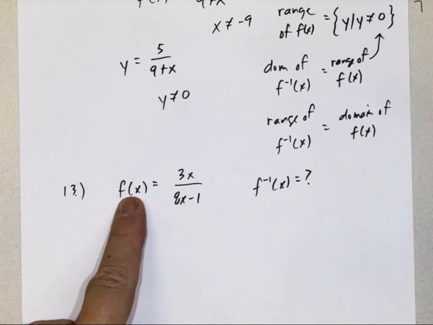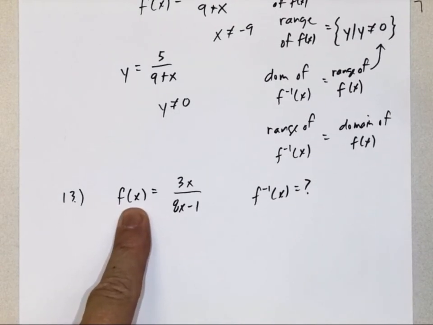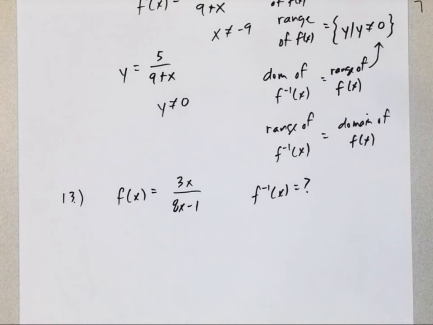You do the same four steps to find the inverse. The algebra is just a little bit different, but I won't waste my time or your time. So those are the problems on inverse functions.